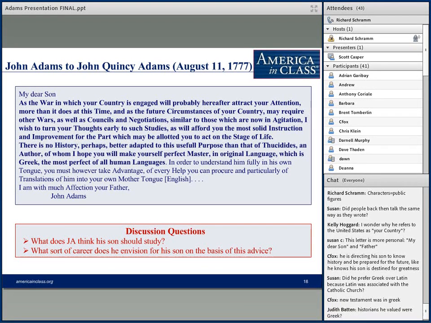But he seems, and we'll see this in later letters, to think that the world of politics is a world of conflict and stress. And I think that for much of the previous 15 years before this letter, it certainly had been in New England.